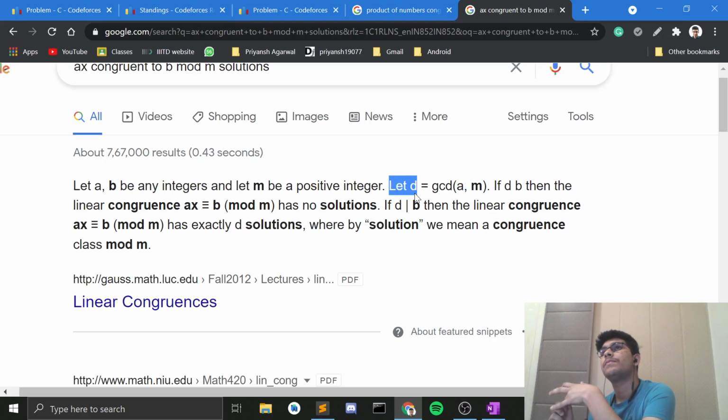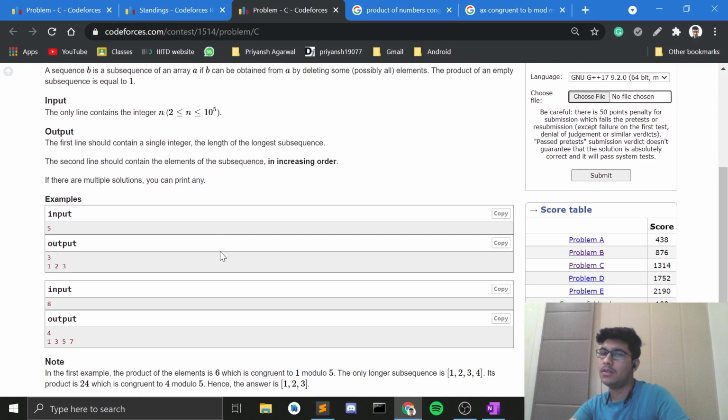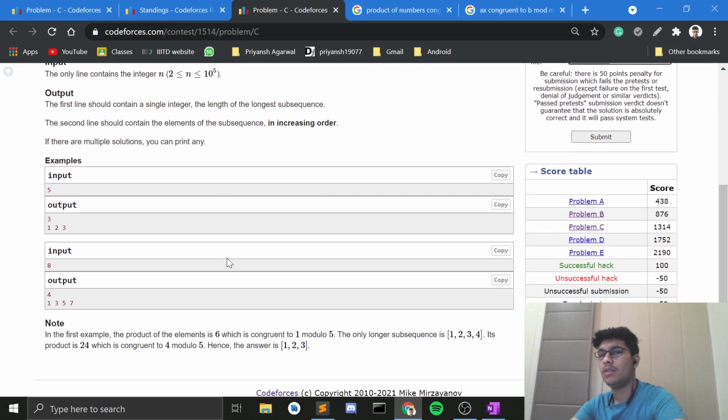Then what do you do? Can I select all these numbers? Will they give me my answer? If I select all of them that have a GCD of 1 with n. For 5, because we could have also selected 4 here, but we did not.